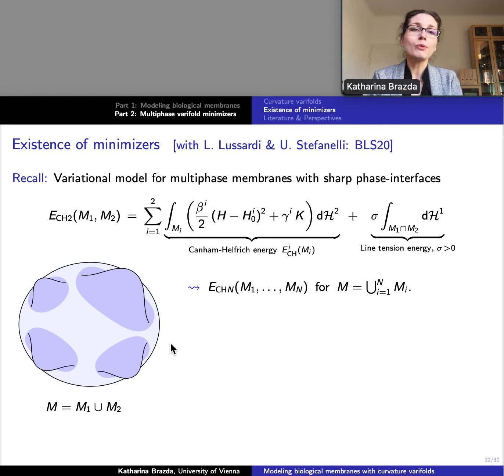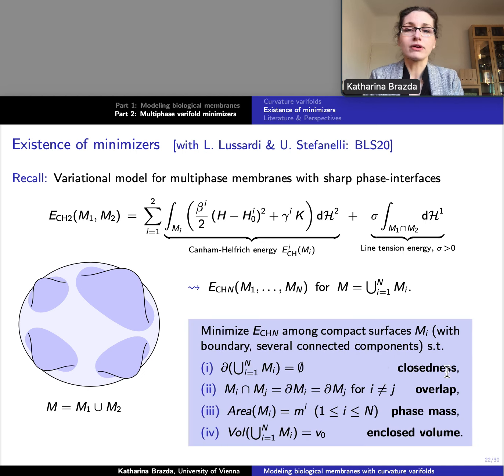And this we do by minimizing the corresponding Canham-Helfrich energy, here written down for two phases. And the constraints are the closeness constraints, that is, the union of all phases must have empty boundary, and then we have overlap exclusively at the phase boundaries and fixed masses and enclosed volume.